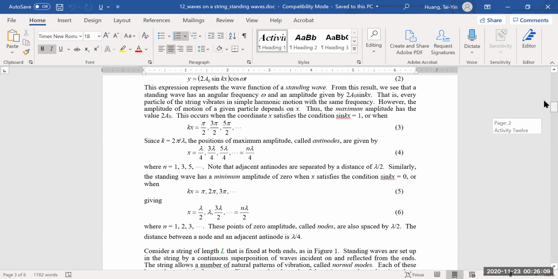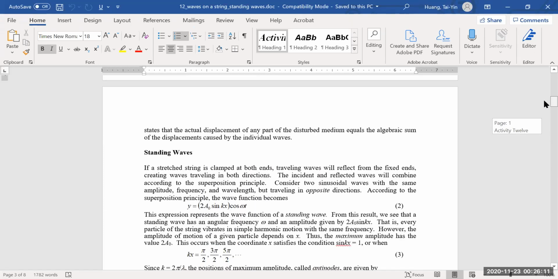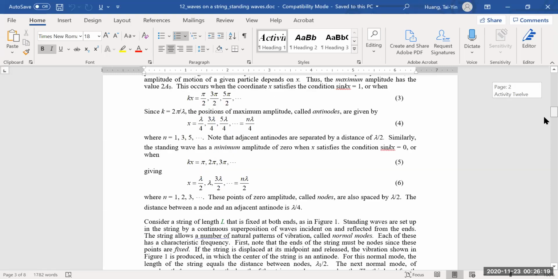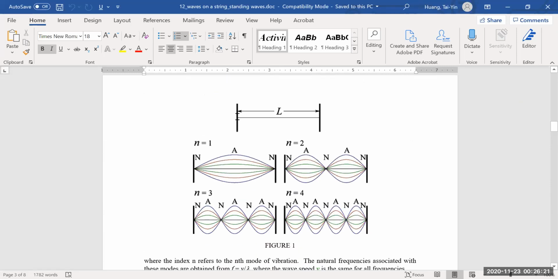Standing waves are basically produced when you have wave parts traveling on the string. Coming back to this diagram, let's say you had a wave that's produced on one end, and it's going to travel on this string, and when it encounters the end, it's going to be reflected back.